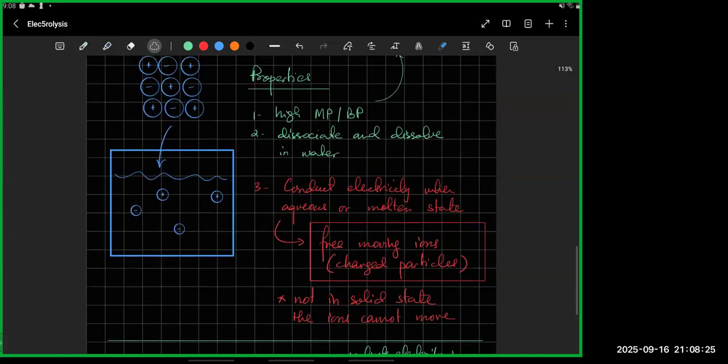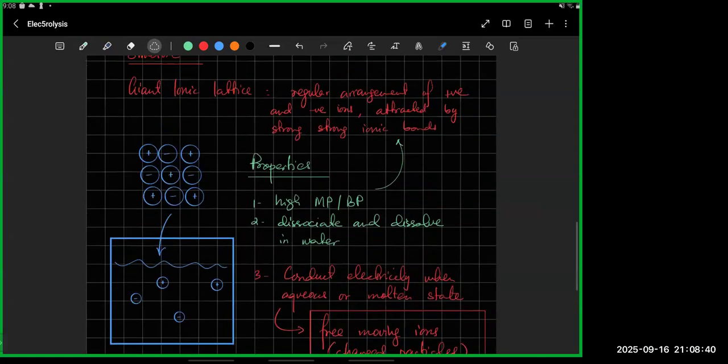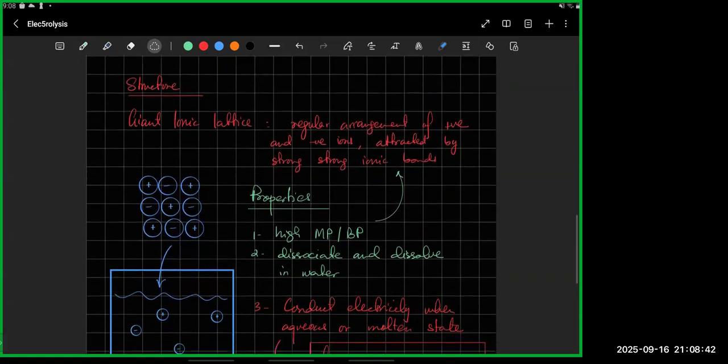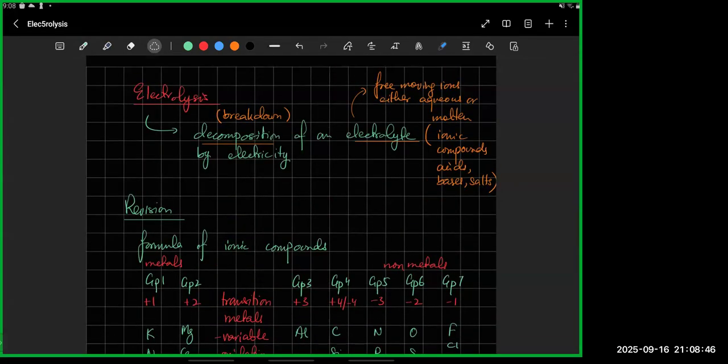But there's one major difference. When I talked about ionic compounds, and specifically about electrolysis earlier, this is something very important.